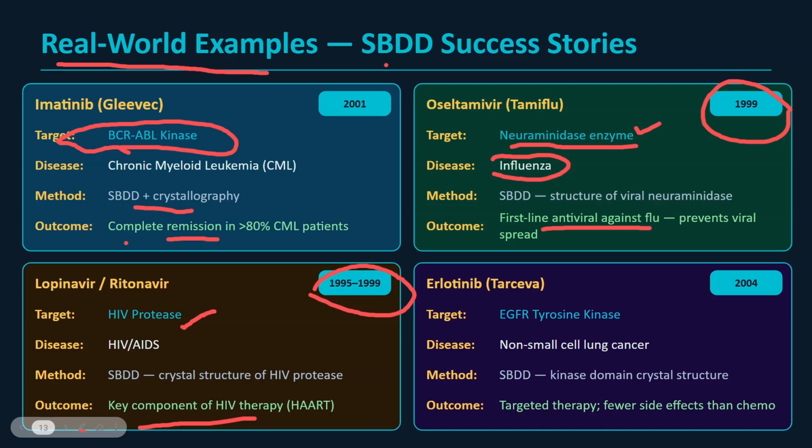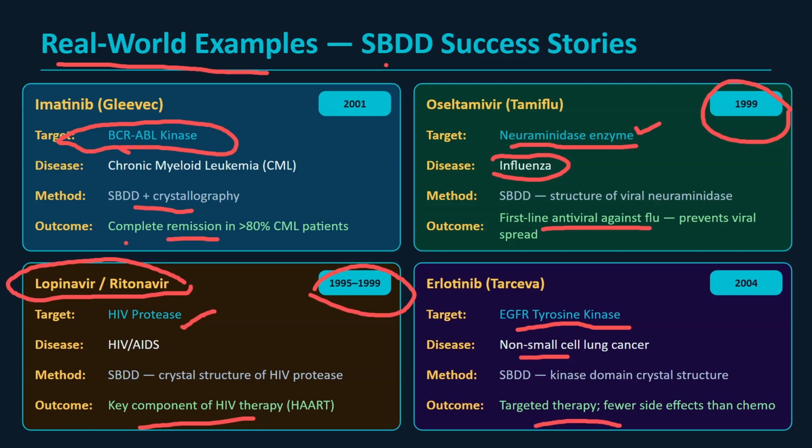Lastly, we have erlotinib, which targets a tyrosine kinase in lung cancer. Here we also used structure based drug designing, and this is a targeted therapy with fewer side effects, developed in 2004.